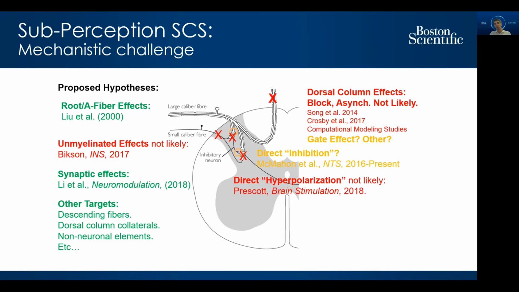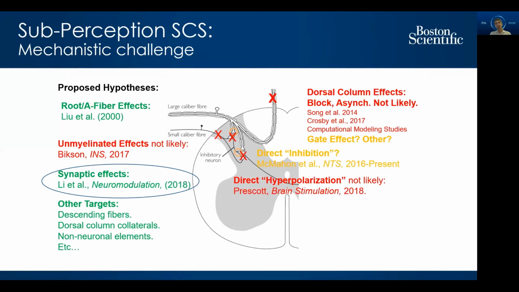And preclinical efforts have ruled out and ruled in several prospective hypotheses. And we have today mounting evidence suggesting that sub-perception may preferentially and more directly engage the dorsal horn over the traditional dorsal column. Basically, this hypothesis is also supported by preclinical work showing the direct synaptic activation of the superficial layers of dorsal horn when using sub-perception modality.